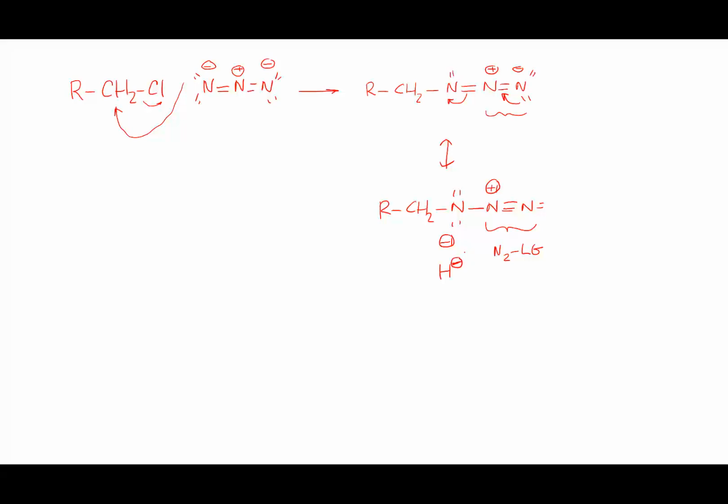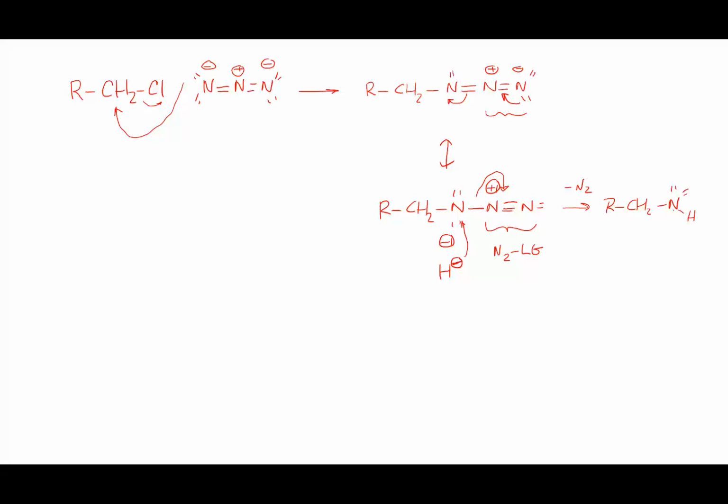So if I have an H minus, it'll come in. It will add to that nitrogen, and then I'll lose N2 gas, and at least I'll have one hydrogen attached to the nitrogen. And that nitrogen will still have 8, still got 8.